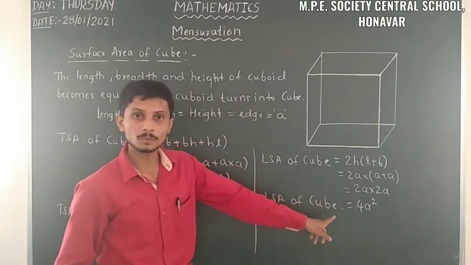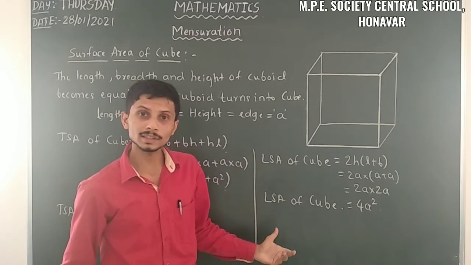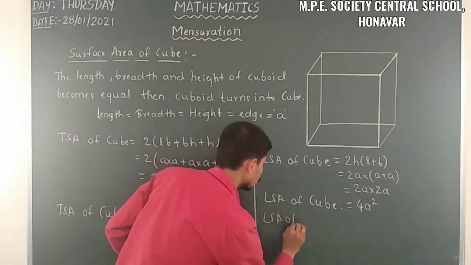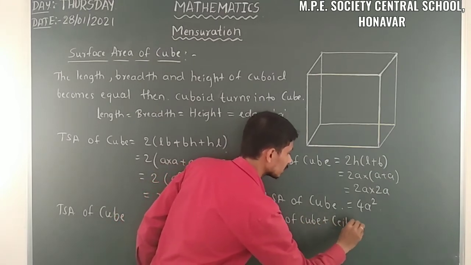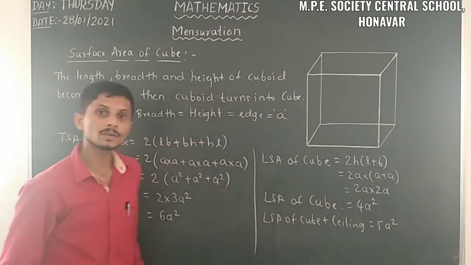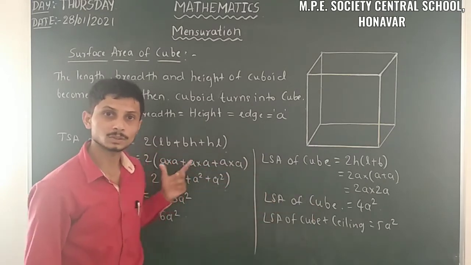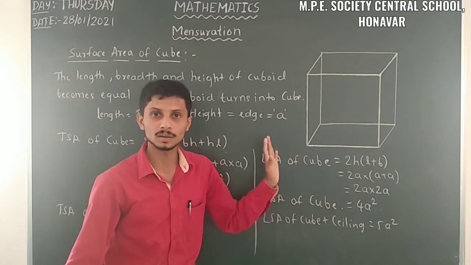That means 4 walls are 4A square. Then including the ceiling, LSA of cube plus ceiling means 5A square. These are the formulas we have in case of cube: total surface area, and lateral surface area plus ceiling or ground.